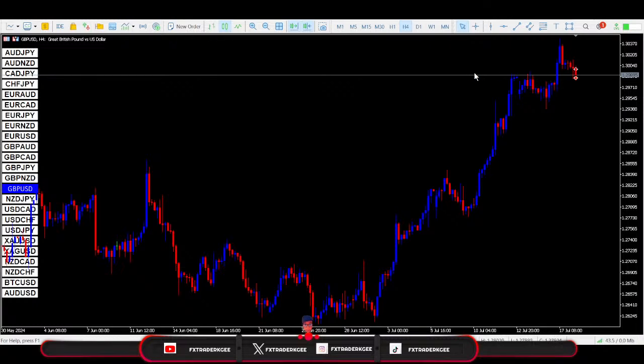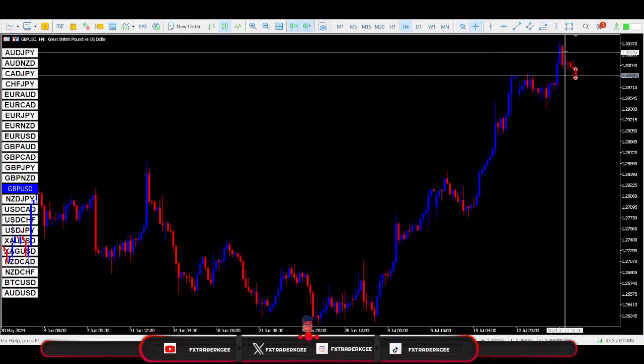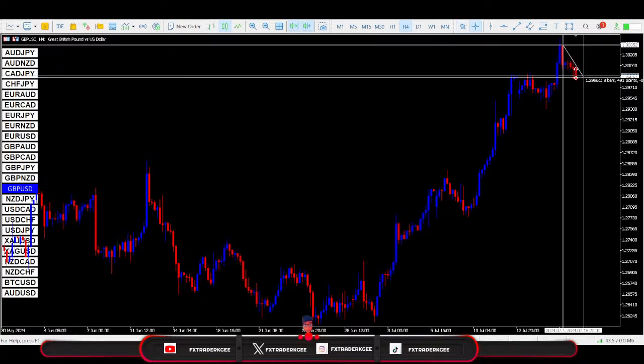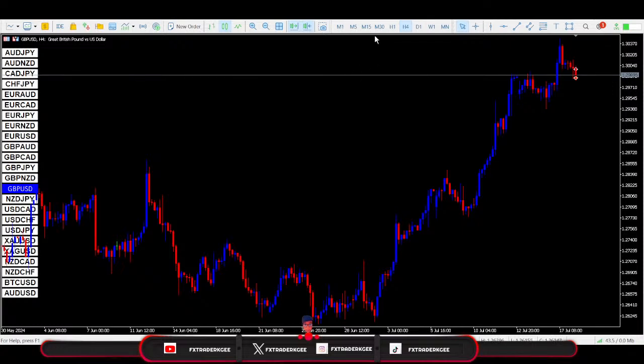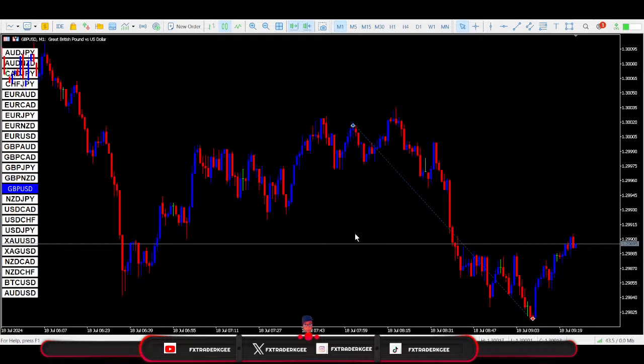The GBP USD on the bigger platform, in the larger scenario, the fall may have started, but all parameters are not really set. So I'm open to every opportunity to buy or sell.